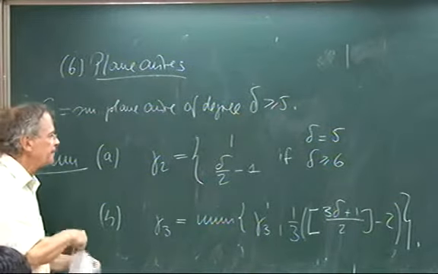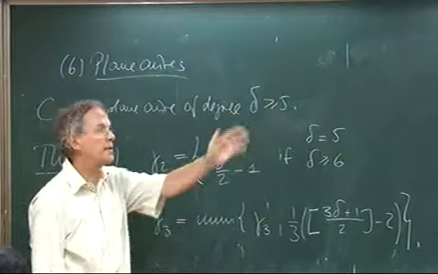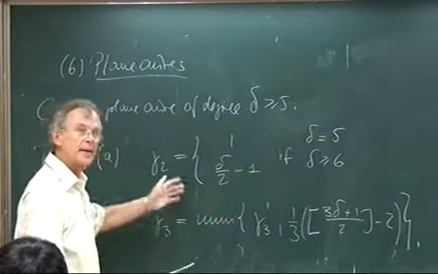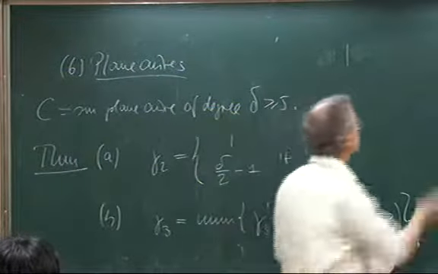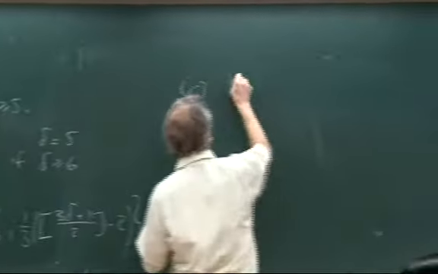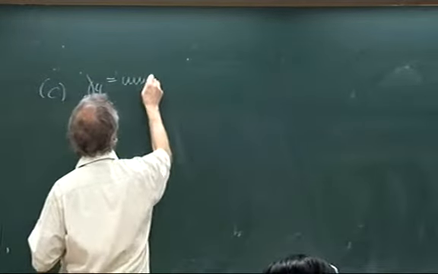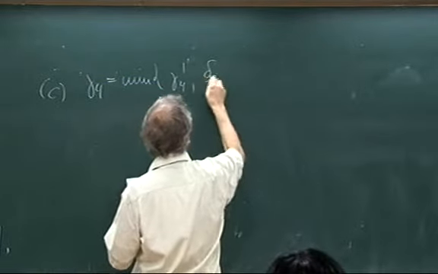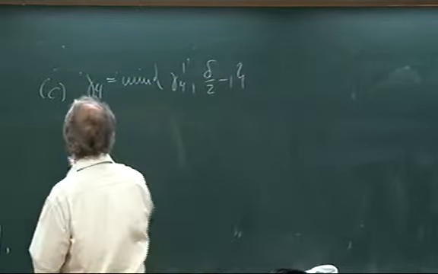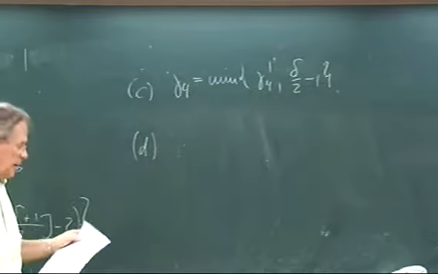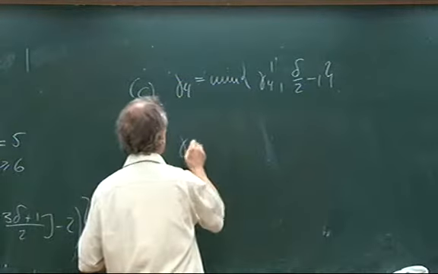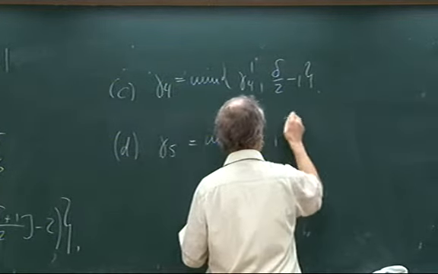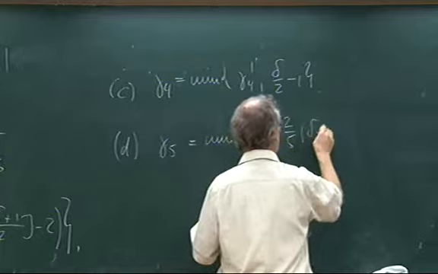Complete result here. Here we don't have this inequality, but we know what the invariants are, so we can prove this. Then for C, gamma 4 is equal to the minimum of gamma 4 prime, and delta over 2 minus 1. And secondly, here we can also compute: gamma 5 is the minimum of gamma 5 prime, and 2 over 5 delta minus 1.